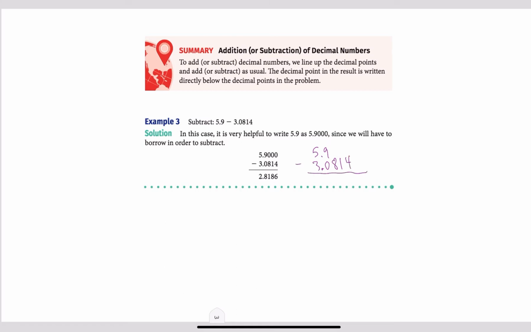Now the challenge with that is there's nothing in some of these place values. So what I can do is add zeros in order to have the same number of places so that I can see what I need to do.